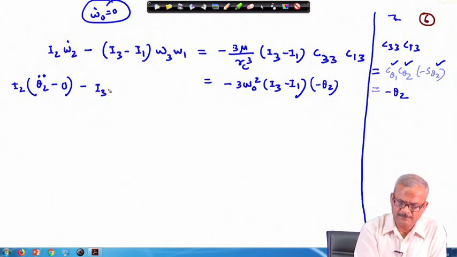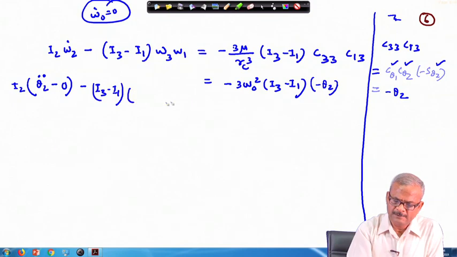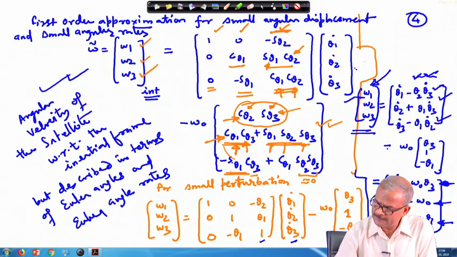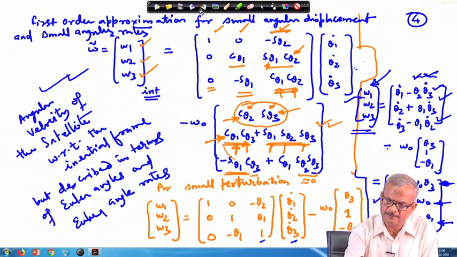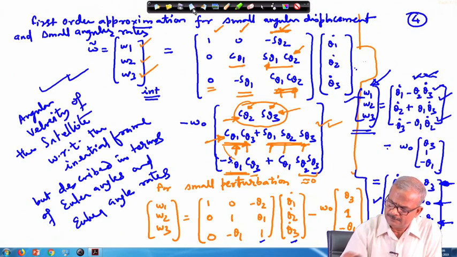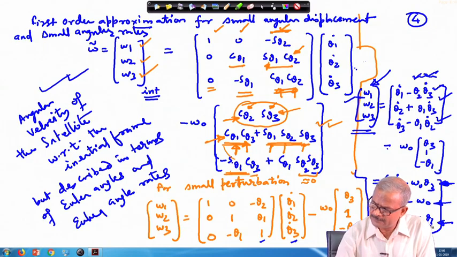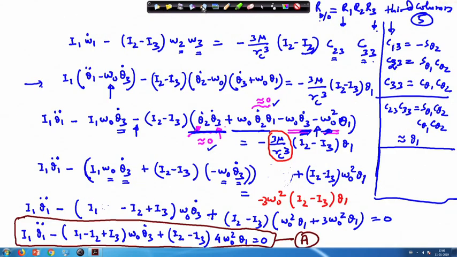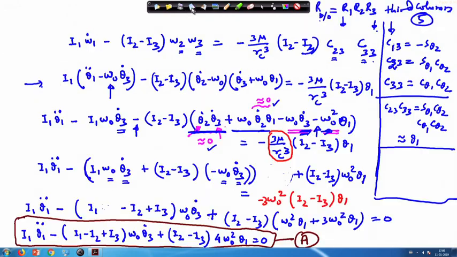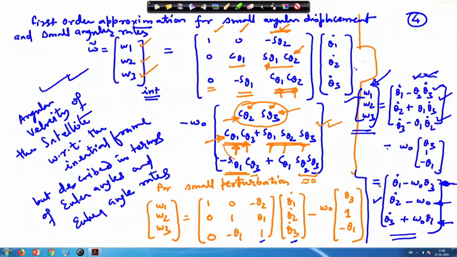So, this is (I3 - I1) times omega 3 and omega 1. For omega 3, we have to go back and pick up from this place: theta 3 dot plus omega 0. For omega 1, we require theta 1 dot minus omega 0 theta 3.